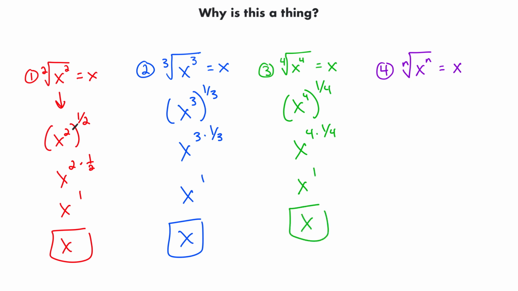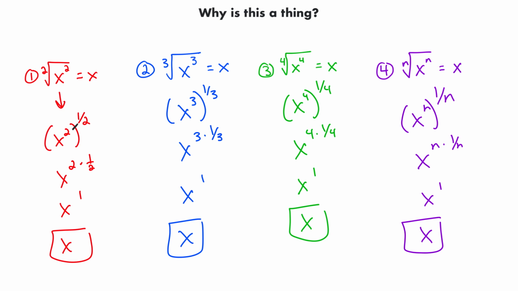This works for all types of radicals and their corresponding powers. So if you have an nth root, that is a 1/n power. And if you ever interact with its reciprocal, the n power, those would just turn into a 1.